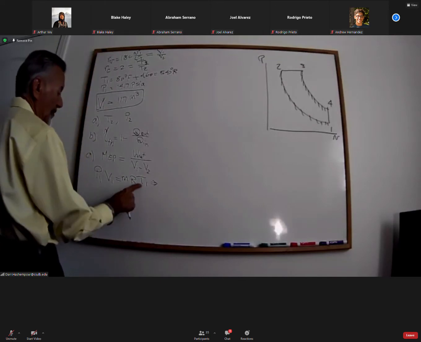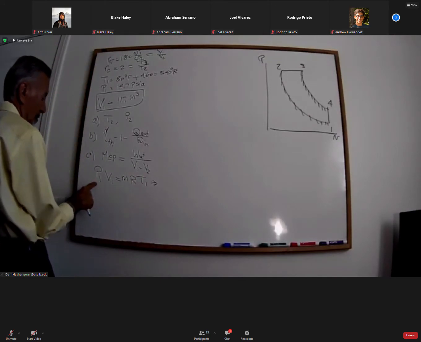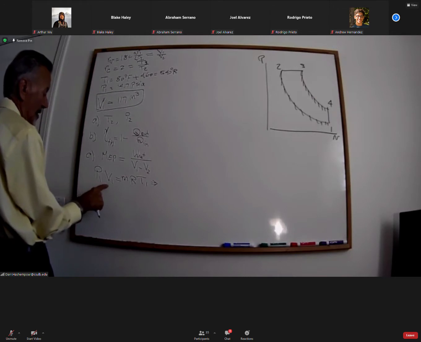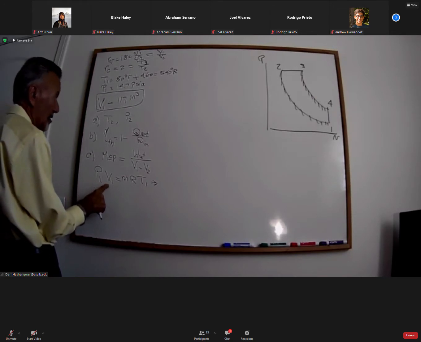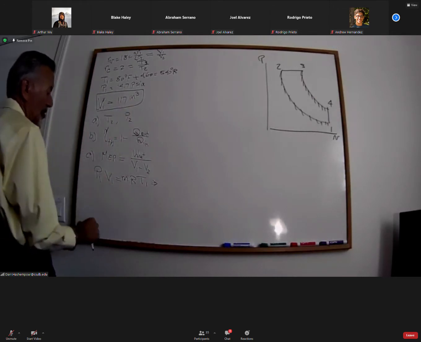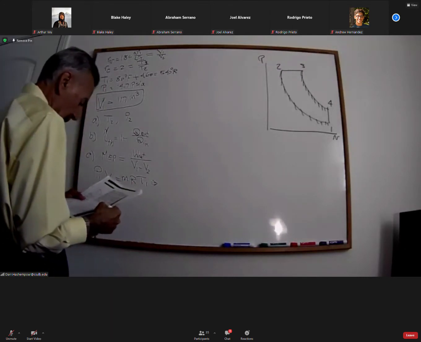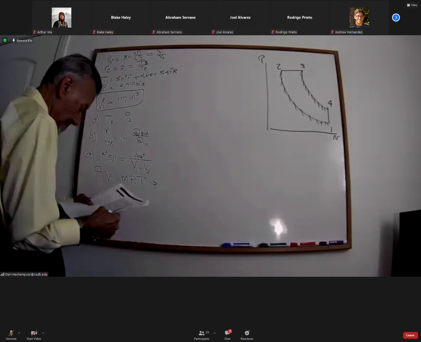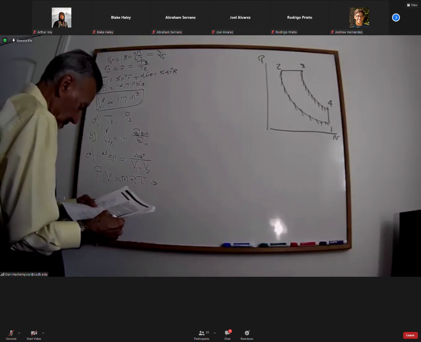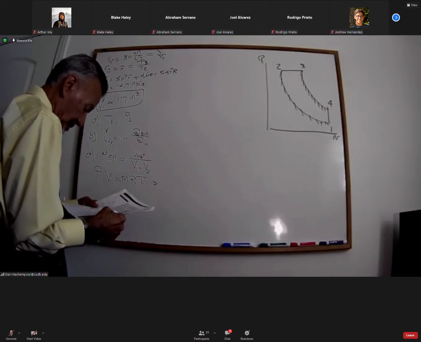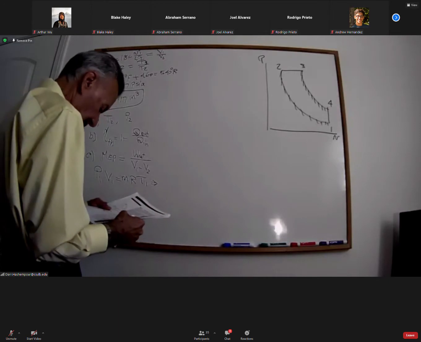So if I put 540 here, 14.7 psi, 117 cubic inch, and the value of R. I wrote it somewhere; I had to go and find it.